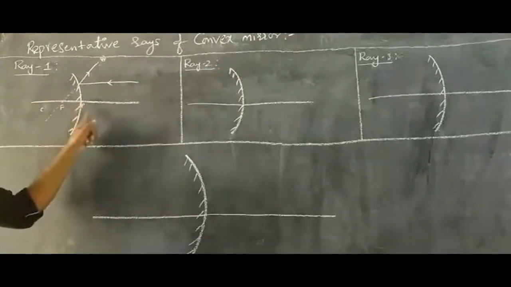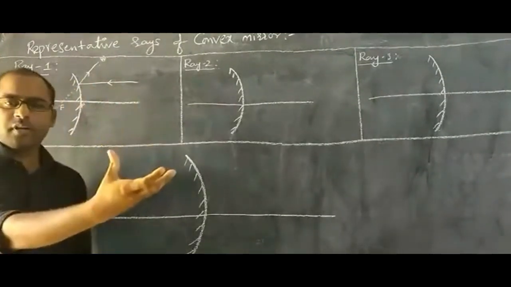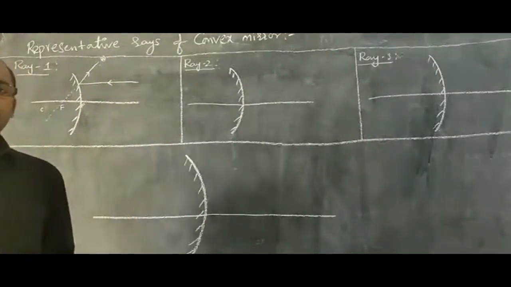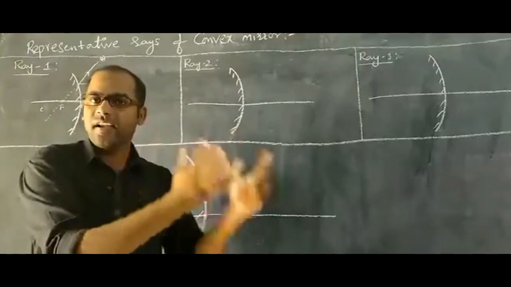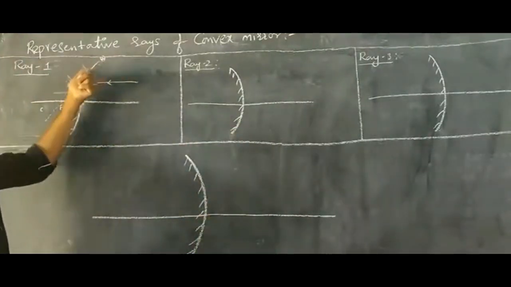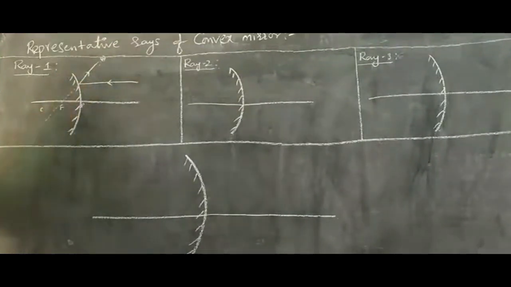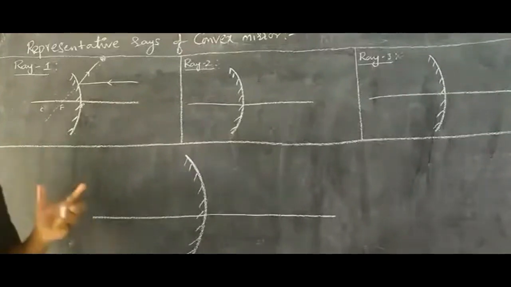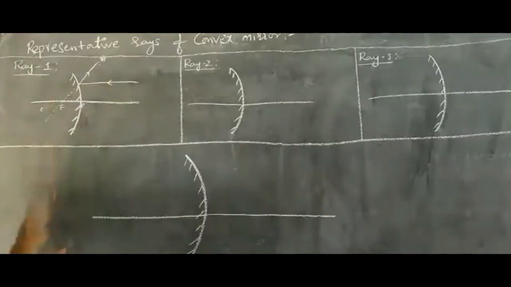In case of concave mirror, when a ray is parallel to the principal axis, after reflection it passes through the focus, and that is a real ray. But here the ray is diverged, and when you extrapolate the reflected ray, it appears to pass through the focus.